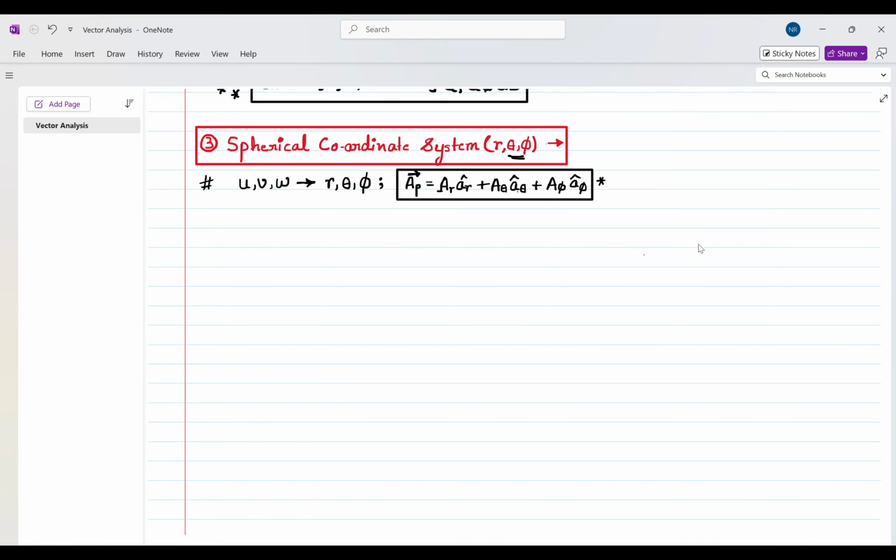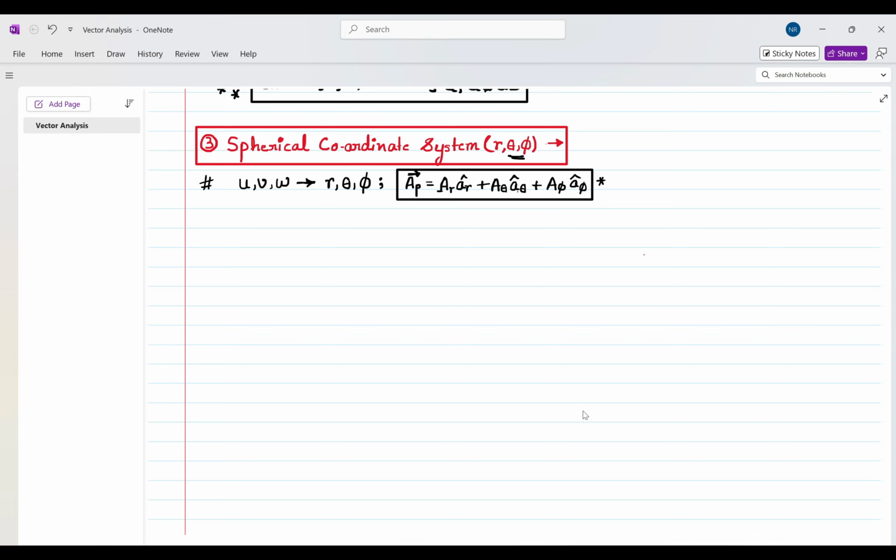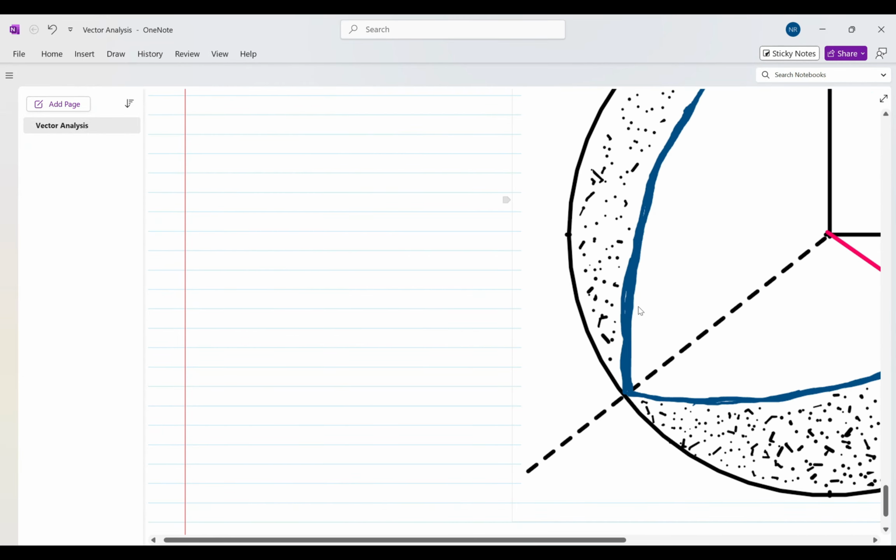Let me draw this spherical coordinate system over here.